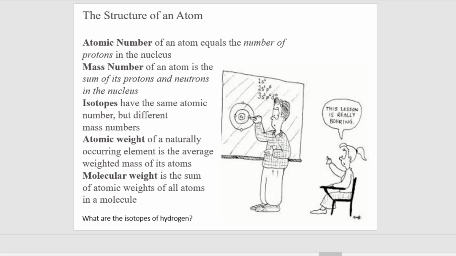Mass number, as we just discussed, is just for any given isotope, the sum of its protons and neutrons. Isotopes have the same atomic number, but different mass. Atomic weight takes into account all the isotopes and their weights, but also how naturally abundant they are. And molecular weight is the sum of atomic weights for all atoms in a molecule.